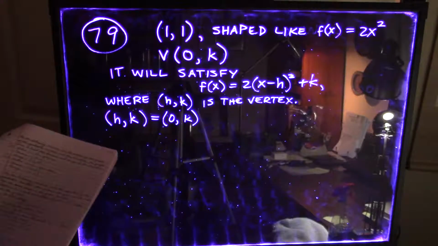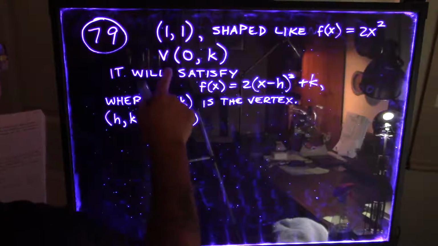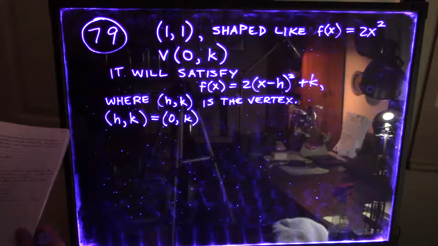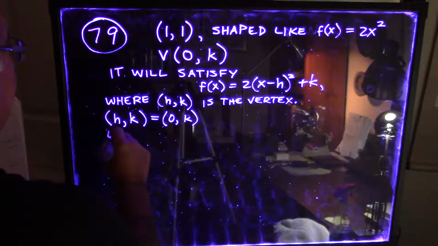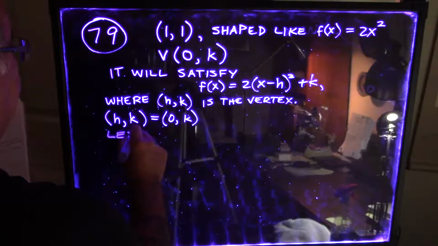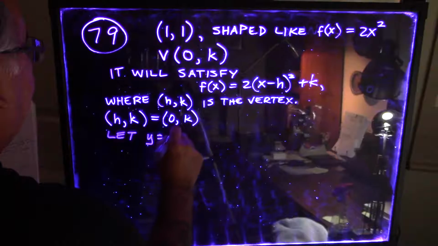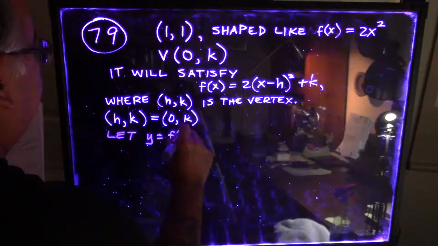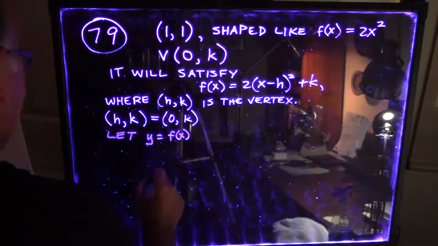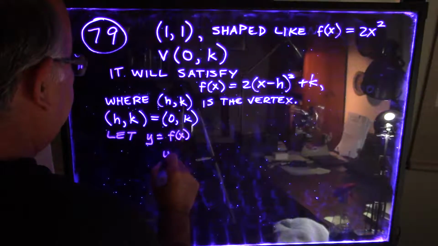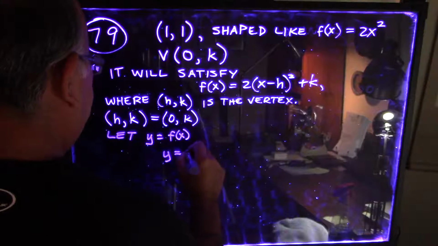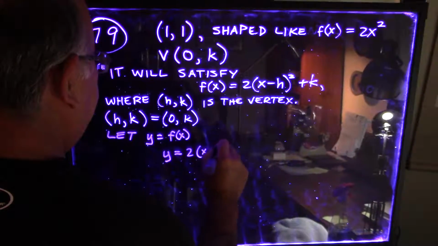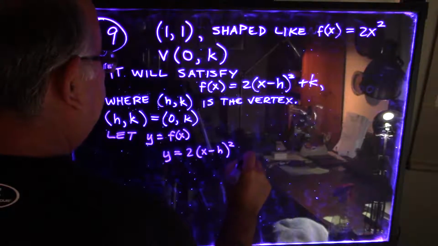All right, and the function has the point (1, 1). Okay, so let y equal f of x. Let's start off with that. Then we have y equals, using the standard form, 2(x minus h) squared plus k.